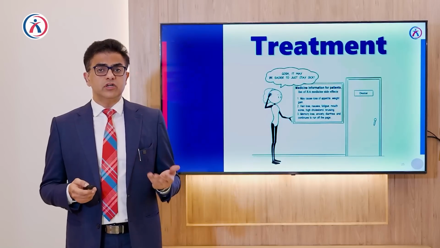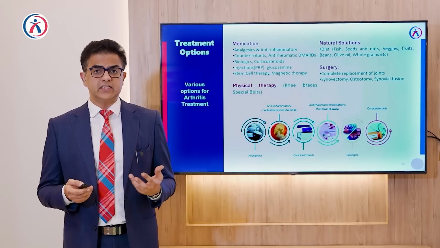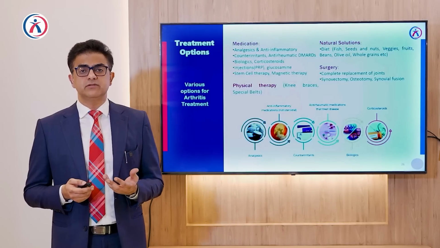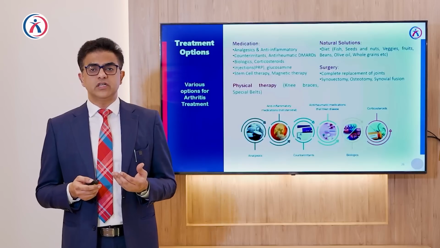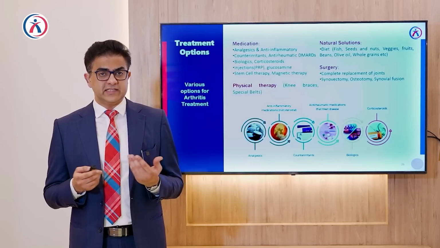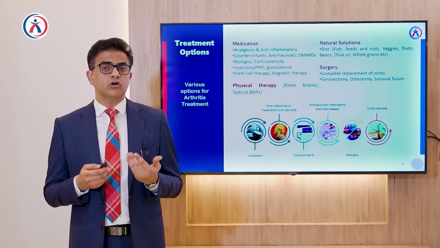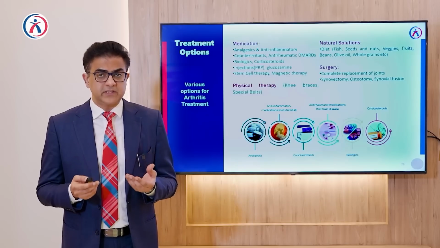So coming to the treatment part of arthritis, there are multiple ways we can manage. The first and foremost is local therapies, the conservative management, which includes medication. Of course, a lot of people opt for painkillers, anti-inflammatories, NSAIDs. There are some other complex medications called DMARDs or disease modifying agents, but they are restricted to some specific arthritis.